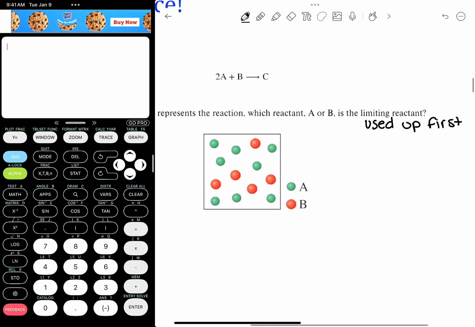So we know that 2A molecules, sorry, 2A molecules combine with a B molecule in order to create our product of C. So what we can do is start pairing up our molecules here to see what's left over.